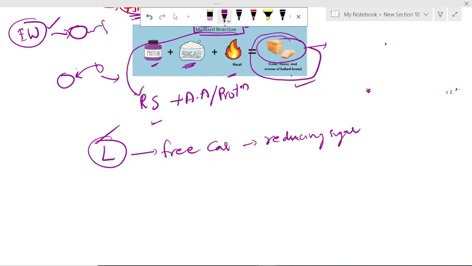It's a reducing sugar because it has a free carbonyl group, a reducing end. That's why it is considered a reducing sugar that undergoes chemical reaction.